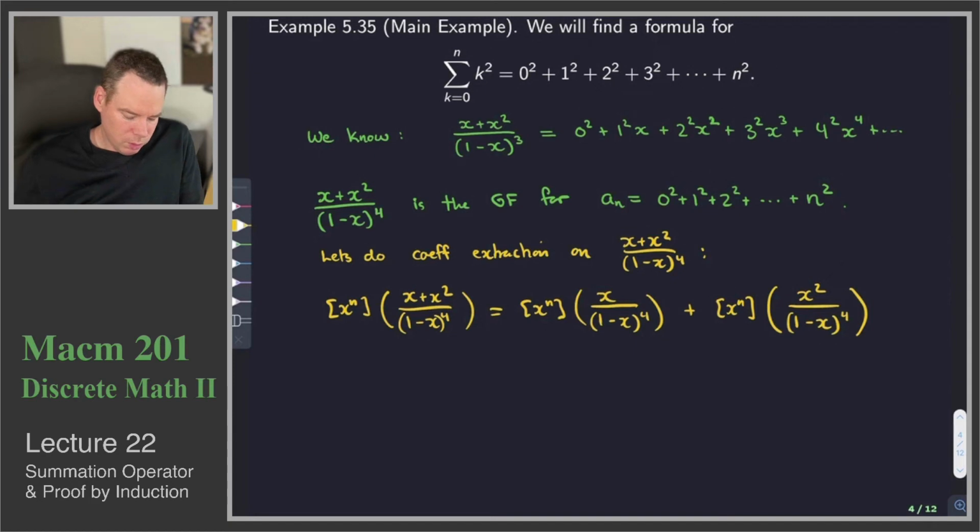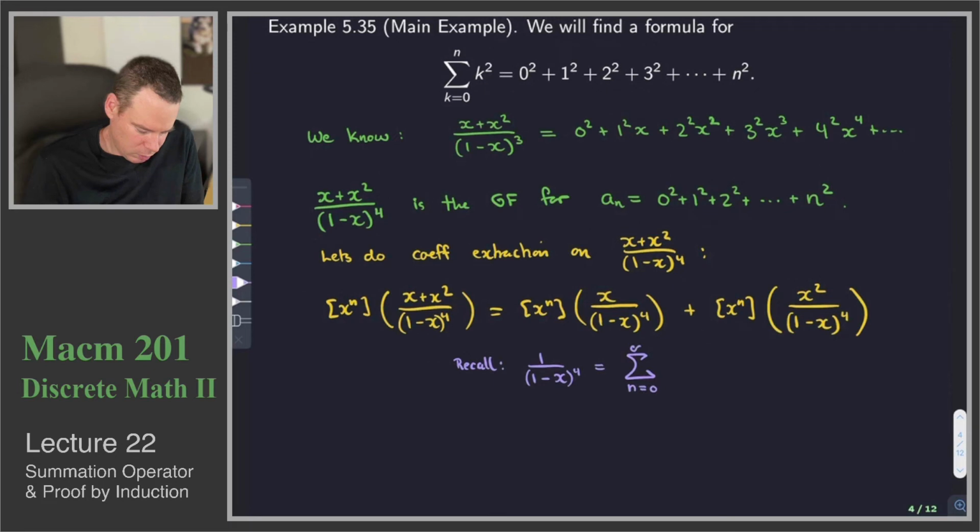Now, in order to do the coefficient extraction, we need to use our trusty result. So let's recall that 1 over 1 minus x, in this case it's x to the 4th, has series expansion the sum from n equals 0 to infinity of the number of ways to choose n from 4 with repetition.